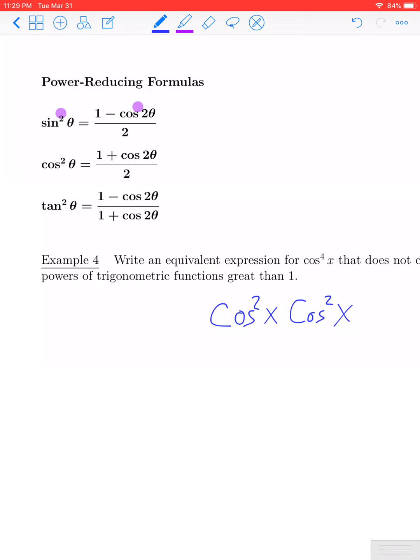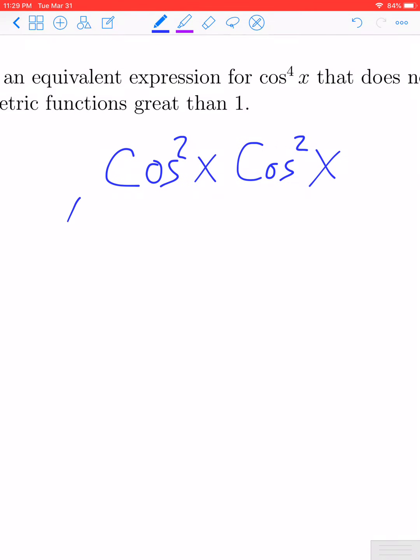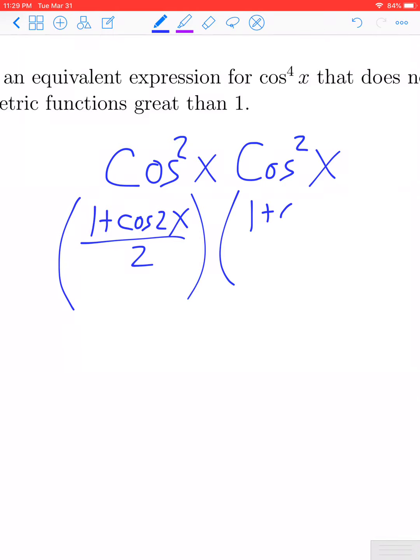Cosine squared of x, or theta in this case, is going to be 1 plus the cosine of twice the angle, divided by 2. So this is going to be 1 plus the cosine of 2x divided by 2, and this is also going to be 1 plus the cosine of 2x divided by 2.